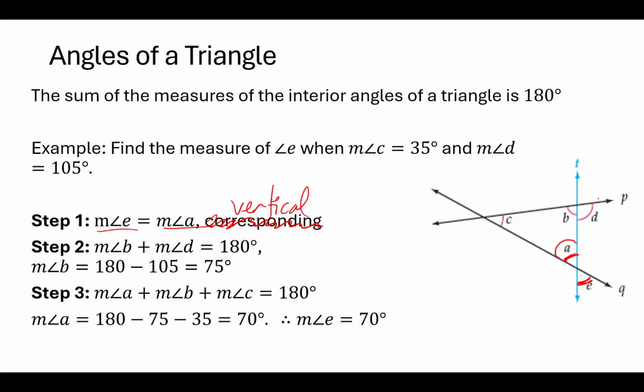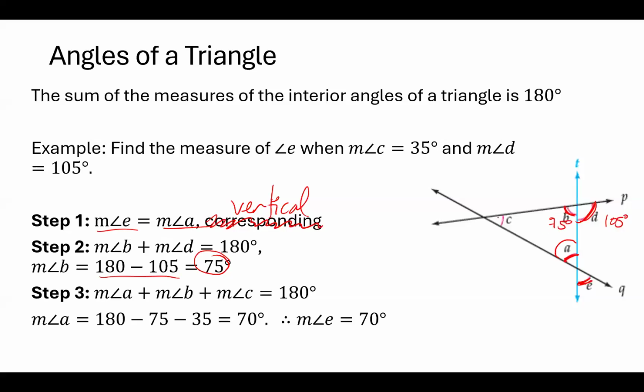Next, I know that D is 105. I can find B because if you add B plus D, you get 180. So 180 minus 105 would give you B, which is 75.